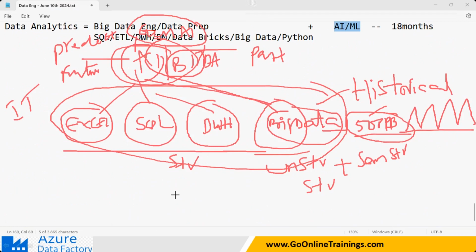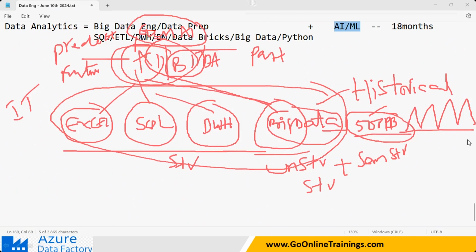We will give you the complete architecture about data, from the very starting level to advanced level of data-oriented concepts. So this is all about data engineering. Clear? If there is data, AI can automate something, or BI can do something. If there is no data, forget about AI, forget about BI.